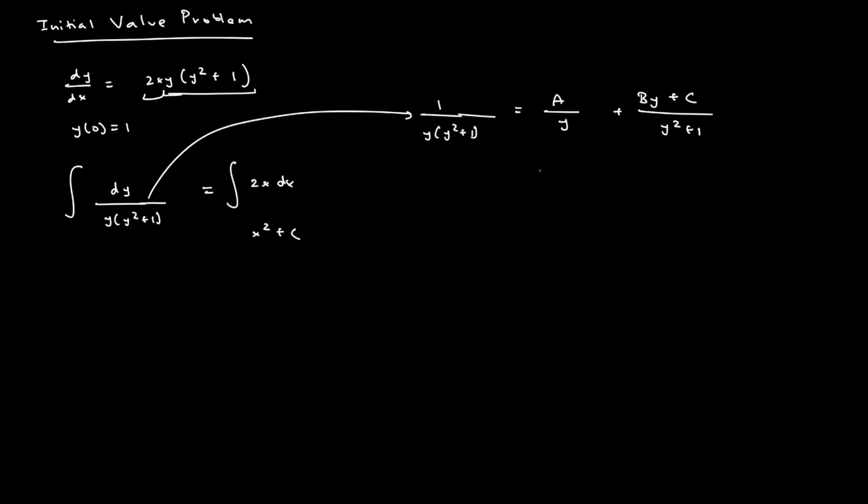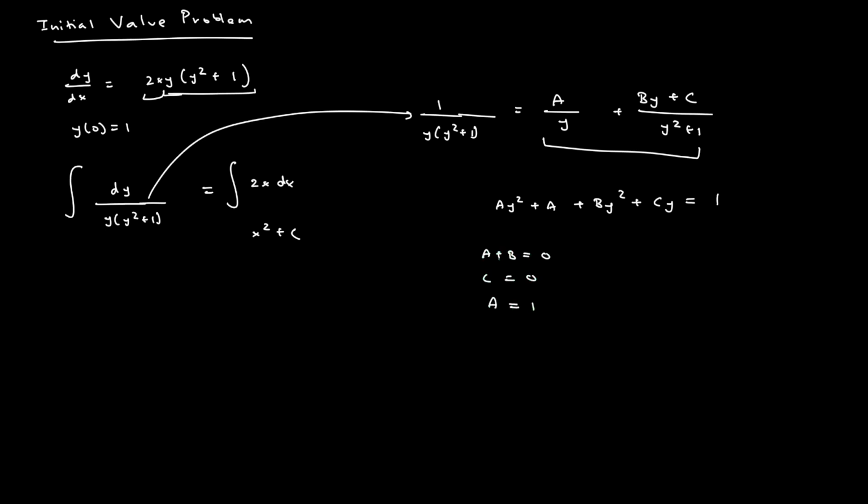But through this equality, we get a times y^2 + a + b times y^2 + cy is equal to 1. Therefore, a + b is simply equal to 0. c is also equal to 0. And a is equal to 1.